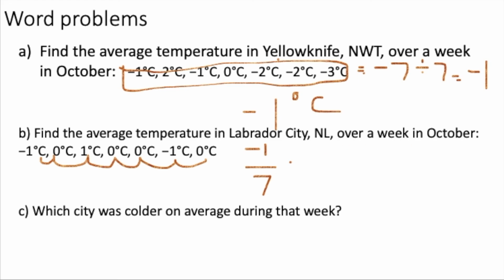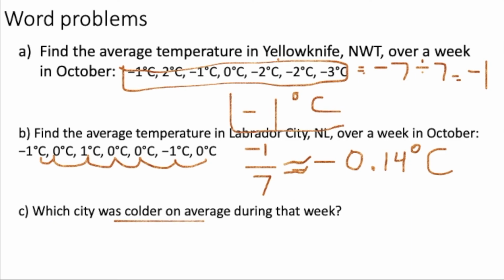If I work this out, -1 divided by 7 is approximately, because I'm going to round this number, approximately -0.14 degrees Celsius.